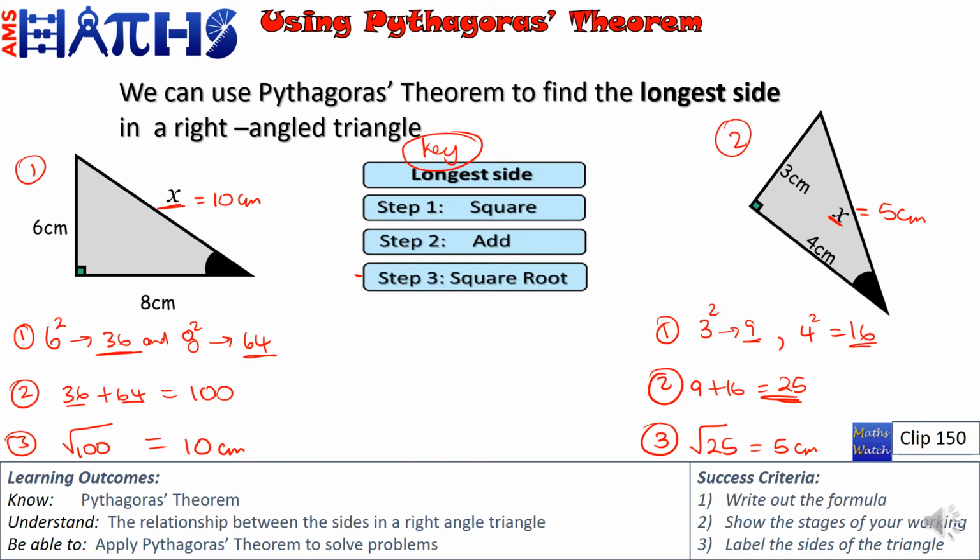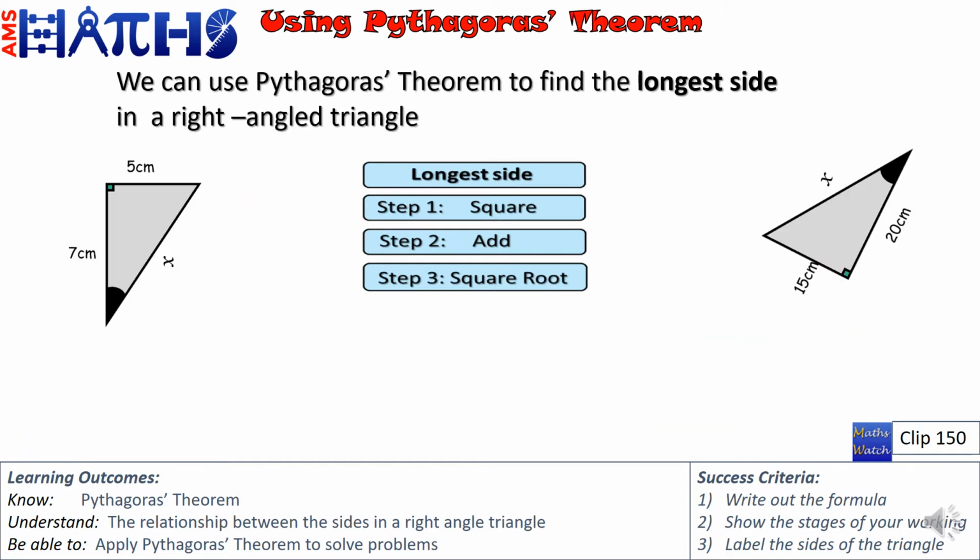Now we're going to practice 2 more questions for finding the longest side. Remember, our key for finding the longest side is there in the center. You can see we need to find out what x is, and x is our longest side on this triangle.